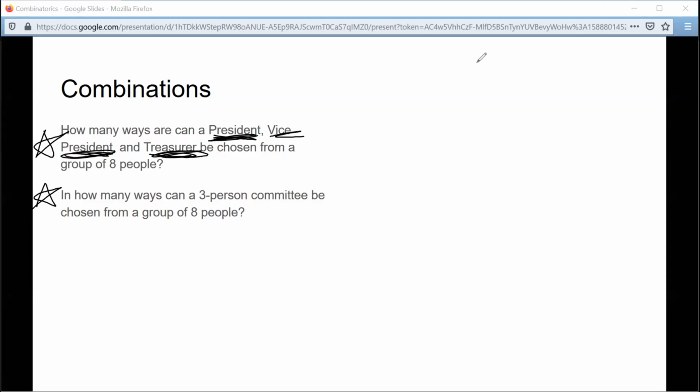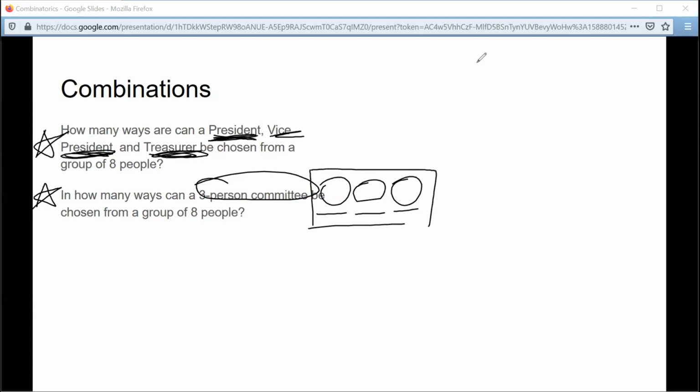Well, it's not really the same question because if you see here, a 3-person committee just means a committee with 3 of the same type of people. And for example, our 3-person committee here would be unordered because each of the 3 people can be swapped around and it would actually be the same committee.